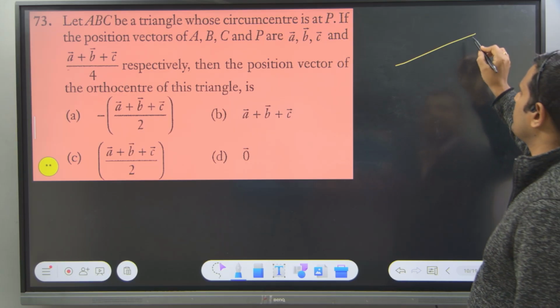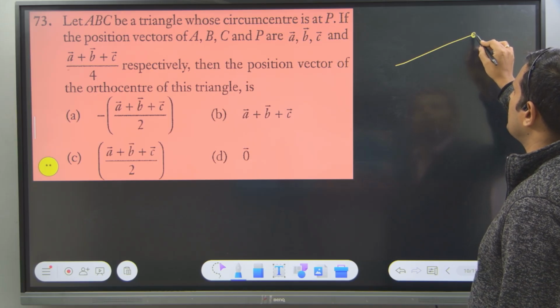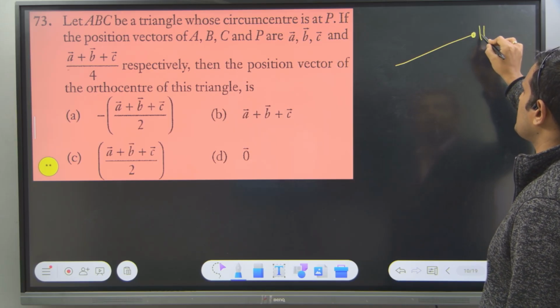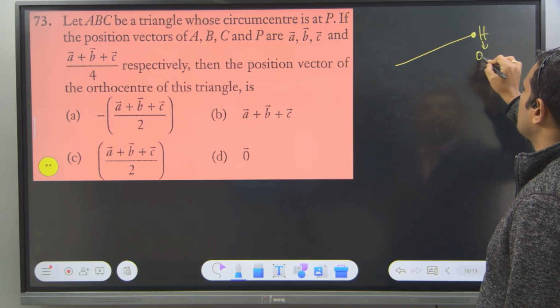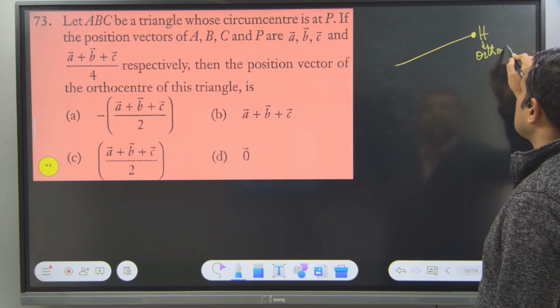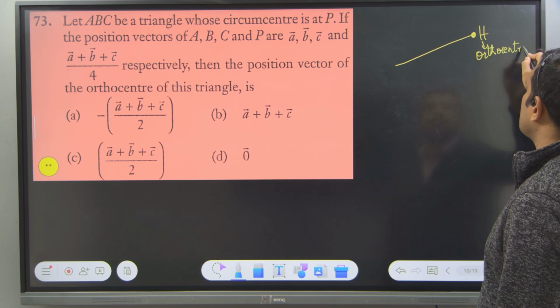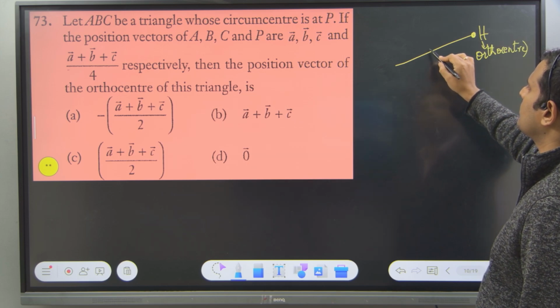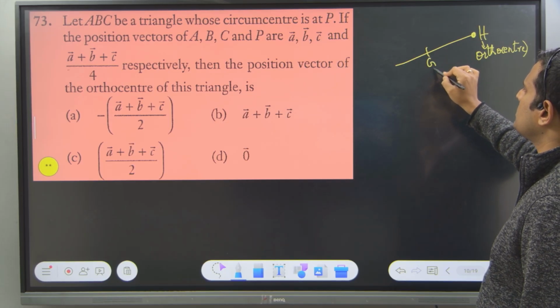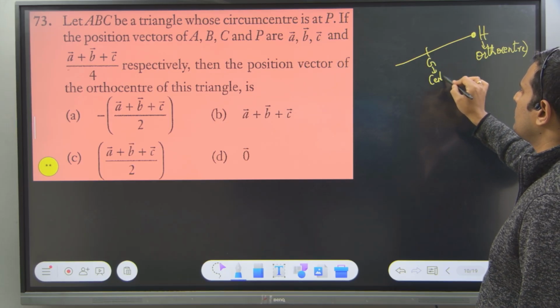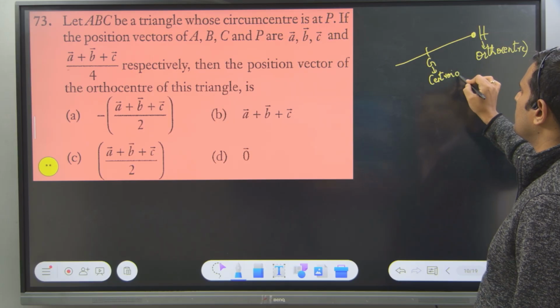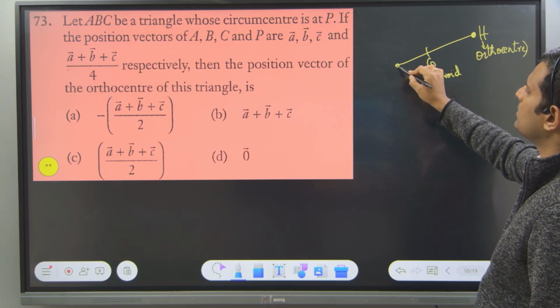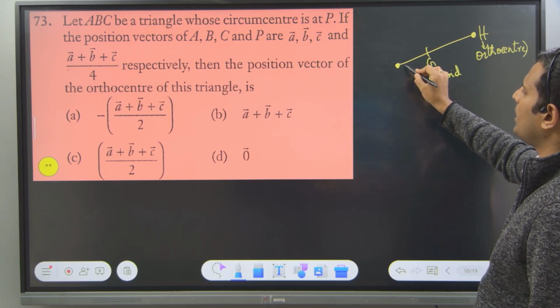Orthocenter is given by alphabet H. Centroid is given by which alphabet? G. G is centroid. And circumcenter? Either C or S.